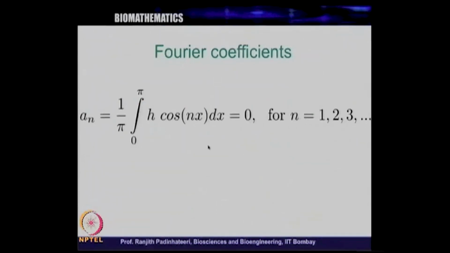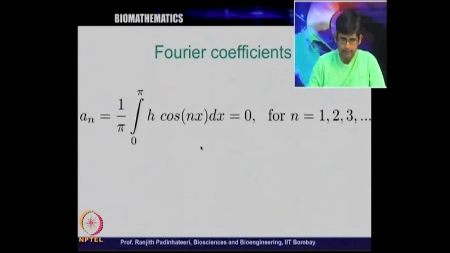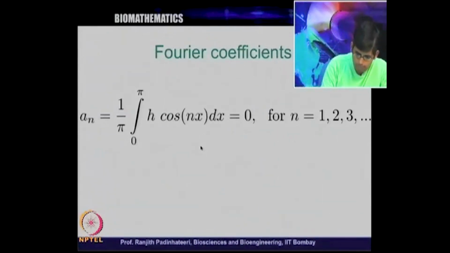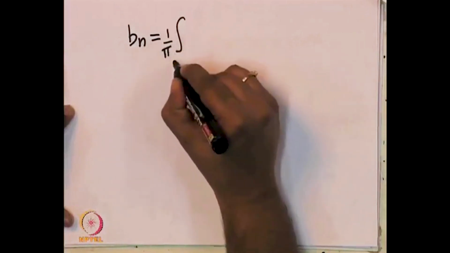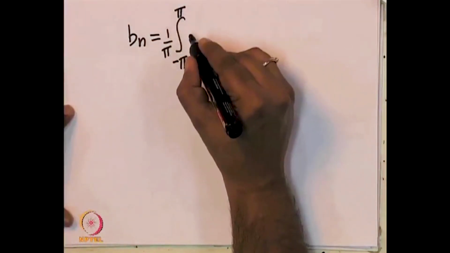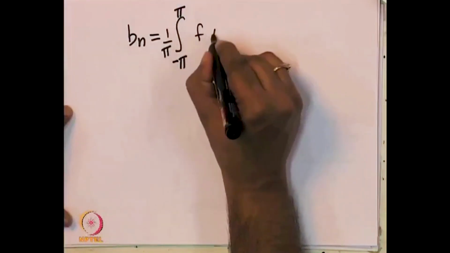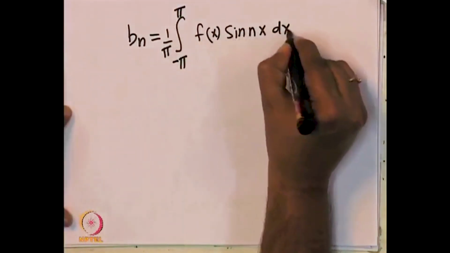What is now b n? The definition of b n is again b n is equal to 1 over pi integral minus pi to plus pi f of x sin n x dx.